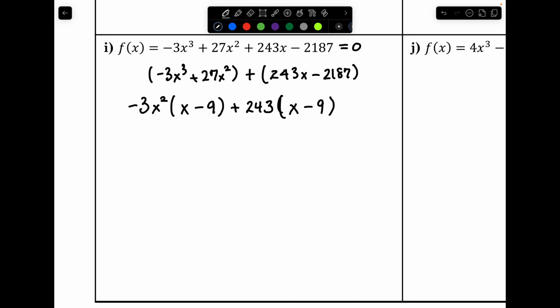So we have x minus 9 and -3x squared plus 243.